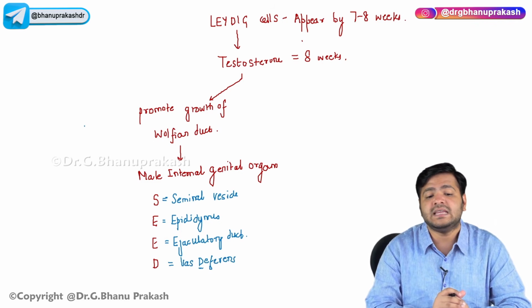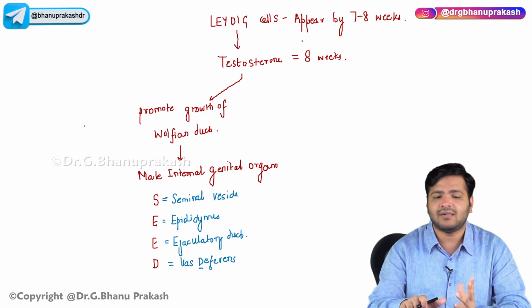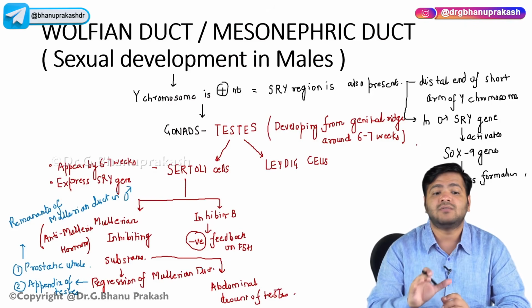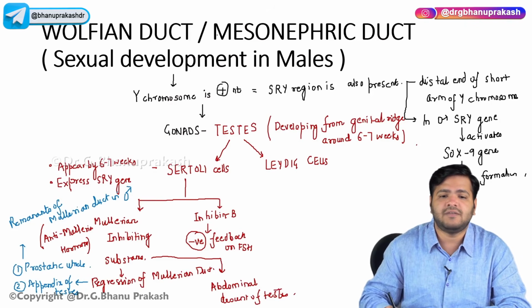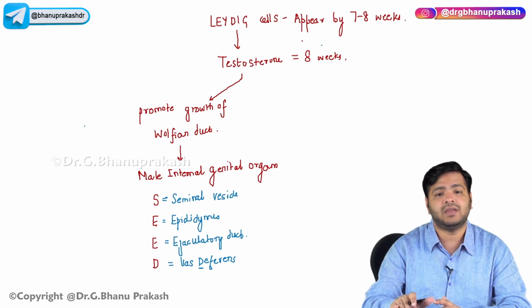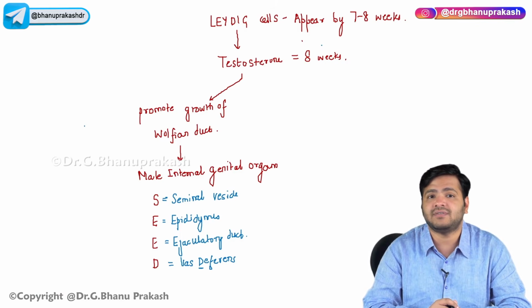So if I ask you, the Wolffian duct or mesonephric duct in males gives rise to the seminal vesicles, the epididymis, the ejaculatory duct, and the vas deferens.